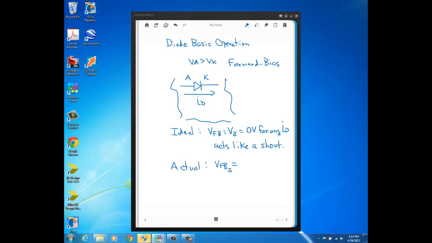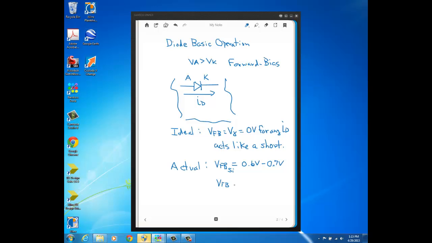So for example, if it's a silicon diode, somewhere between 0.6 and 0.7 volts will be the forward bias voltage. If it's germanium, it's less than that.